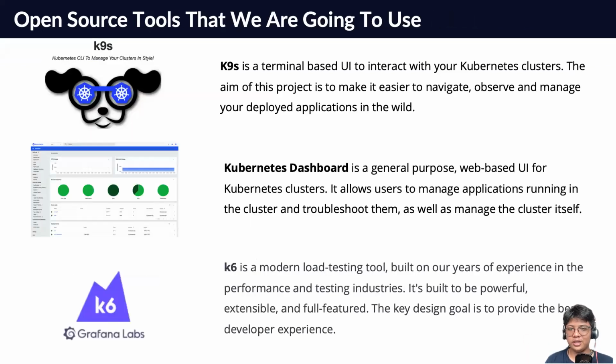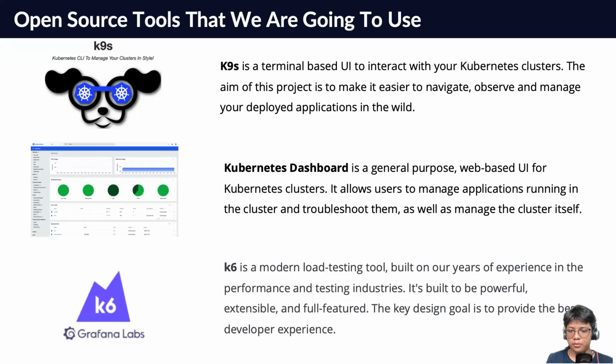The open source tools that we are going to use are, first, K9s. It's a terminal-based UI to interact with your Kubernetes clusters. The aim of this project is to make it easier to navigate, observe, and manage your deployed applications in the wild. The Kubernetes Dashboard is a general-purpose web-based UI for Kubernetes clusters. It allows users to manage applications running in the cluster and troubleshoot them, as well as manage the cluster itself.